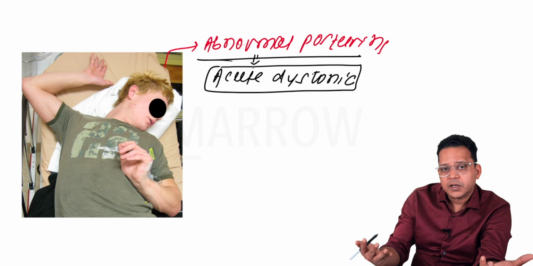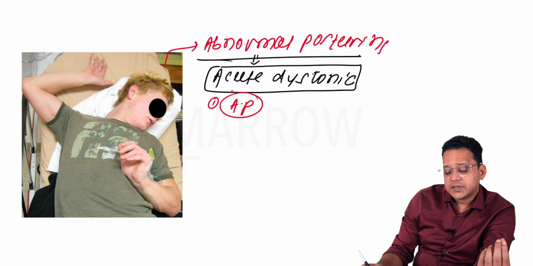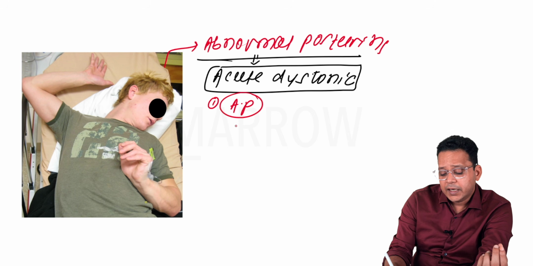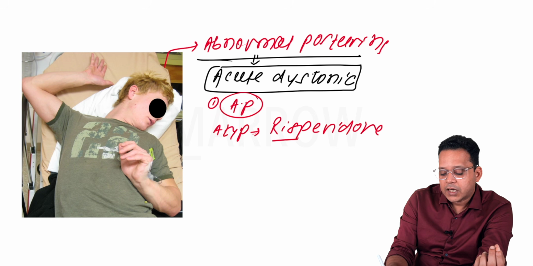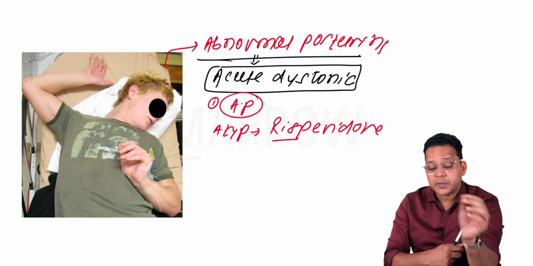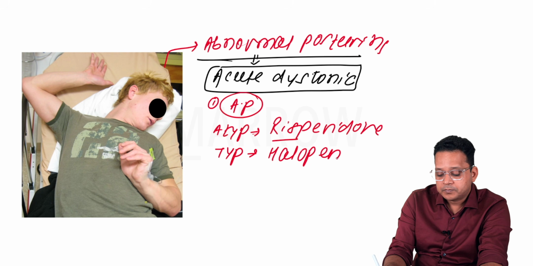Now, whenever I have acute dystonia, it can be seen with antipsychotics, and atypical antipsychotics, the maximum risk is with risperidone. So risk, RIS, more risk with risperidone in atypical. Typical antipsychotic, the more risk is with haloperidol.